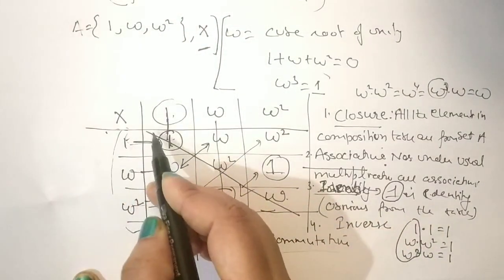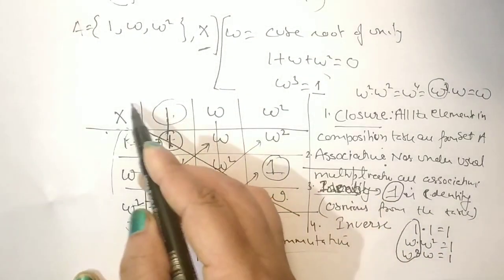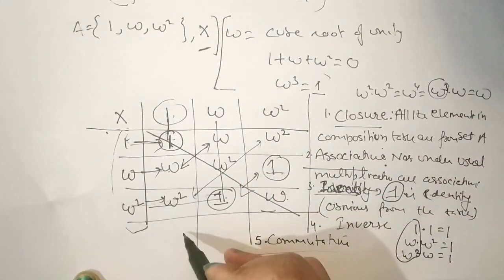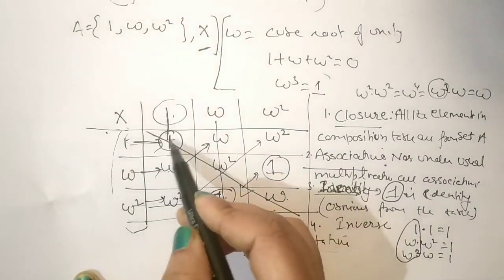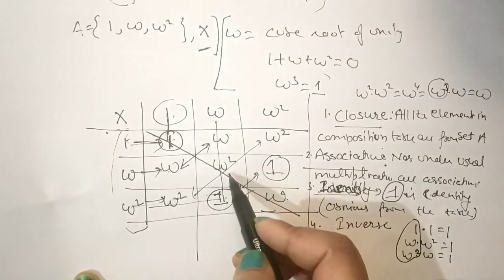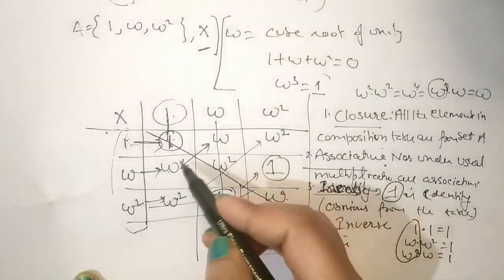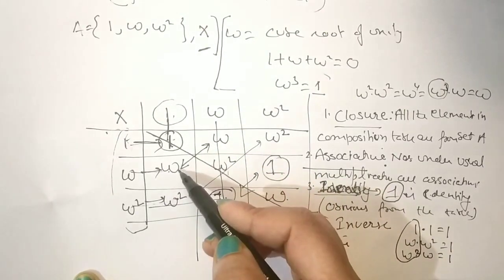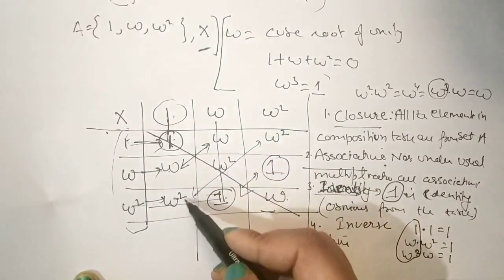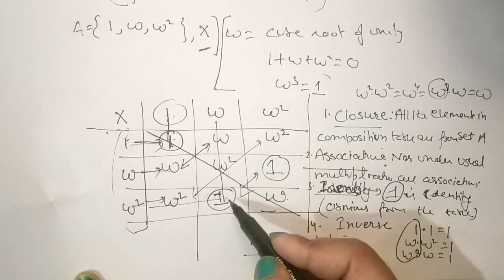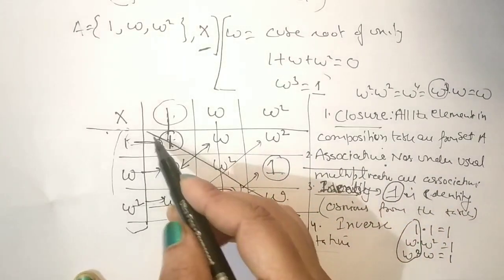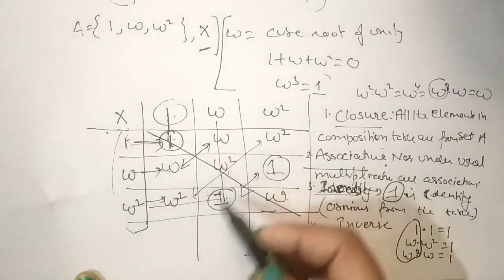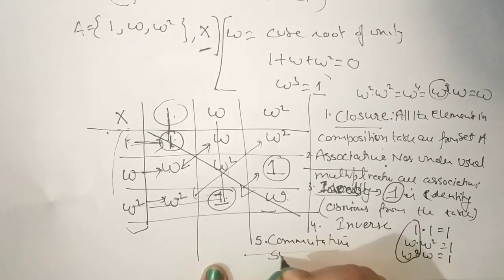Now draw a line on the main diagonal, considering this whole composition table as a matrix. Then we have to look at the elements on both sides of the diagonal, like omega is equal to omega, omega square is equal to omega square, 1 is equal to 1. We check whether the entries on both sides of the diagonal are symmetrical.